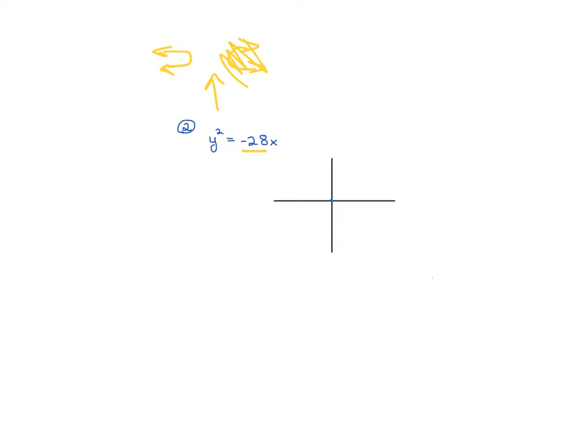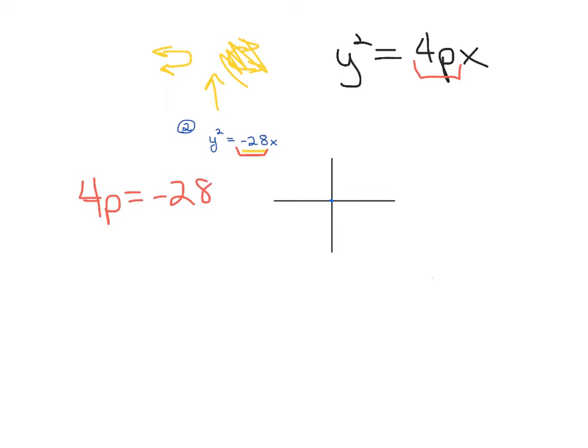Okay? Again, remember the general form is y squared equals 4px. Again, remember the number in front of the variable that's not squared is your 4p. So my 4p is negative 28. So I'm going to do 4p equals negative 28.